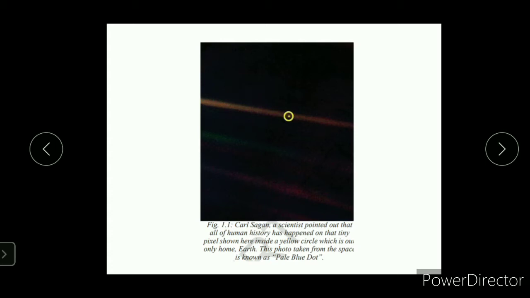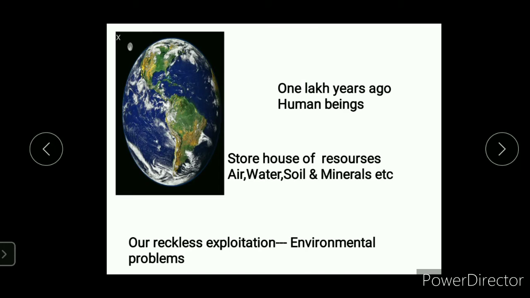He called it the pale blue dot, and we want to know what earth is and what the resources on it are, how it is useful to us, that we have seen. And we have given a definition to the earth also, that earth is a storehouse of resources, right?